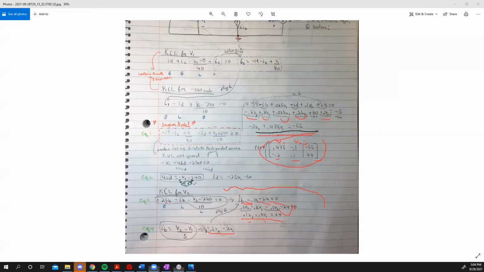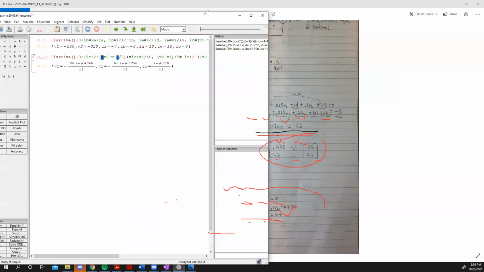So I put this into my calculator and I do the row echelon form for it. It tells me my answer is -149 point dot dot dot, and this one's -58.18 dot dot dot.